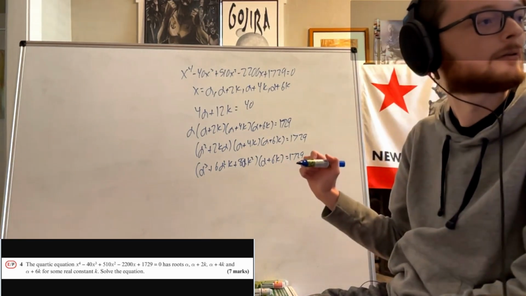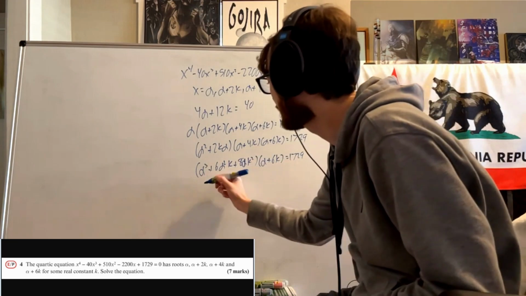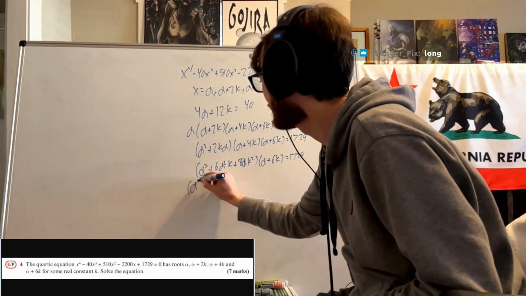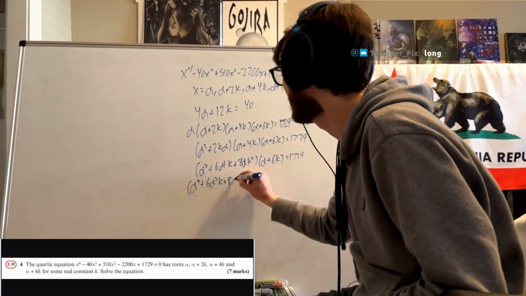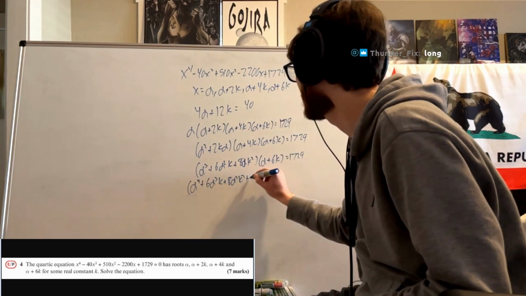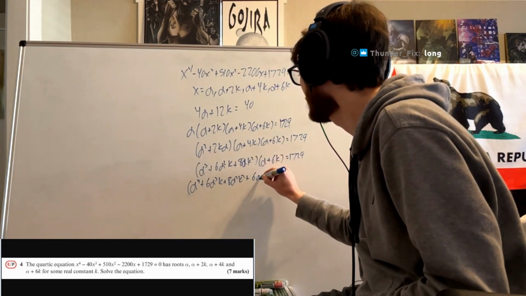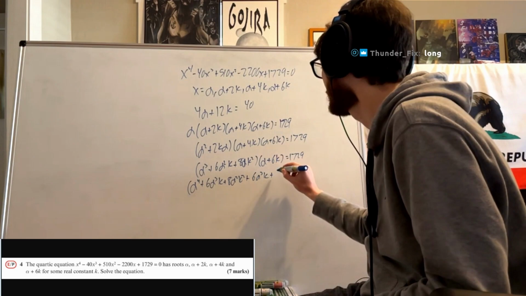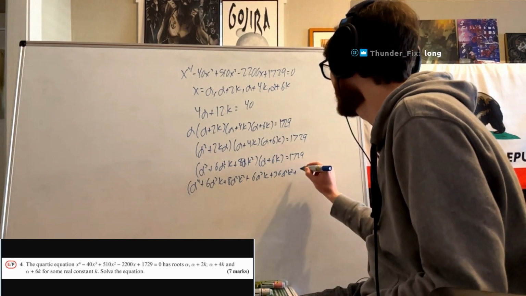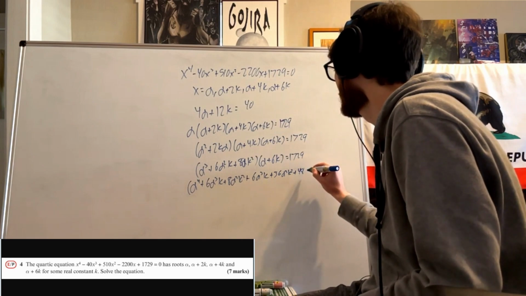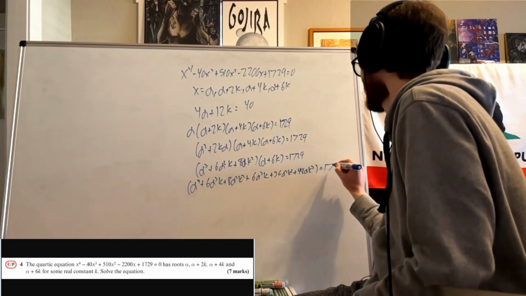Now I'm going to multiply in the alpha plus 6k, so the alpha gets multiplied into everything first. Alpha to the fourth plus 6 alpha cubed k plus 8 alpha squared k squared plus, 6k times everything. 6 alpha cubed k plus 36 alpha squared k squared plus 48 alpha k cubed is equal to 1729.